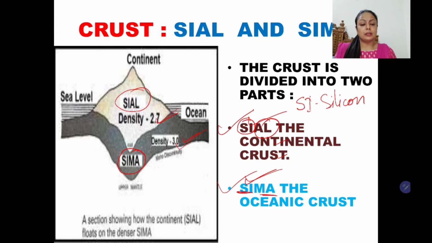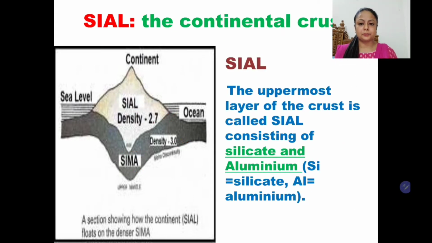And children, the third point we can write is that Sima is made up of silicon and magnesium mostly, whereas Sial is mostly made up of silicon and aluminium. So these are the differences between Sial and Sima. Both are part of the crust. Sial is continental crust, whereas Sima is the oceanic crust.